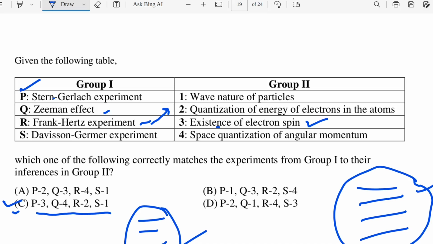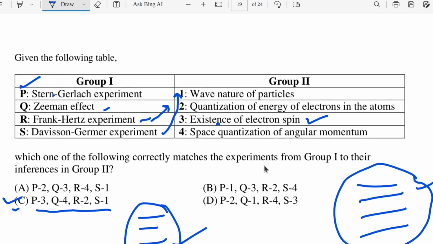This wave-particle duality has been told by de Broglie, right? But it has been proved in the Davisson-Germer experiment. So from that conclusion, I can say that the Davisson-Germer experiment gives the wave nature of particles.